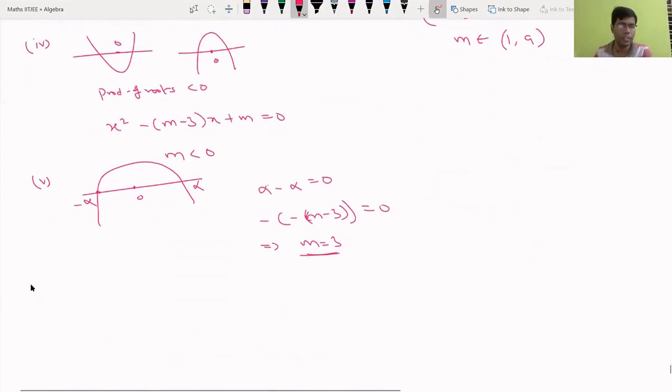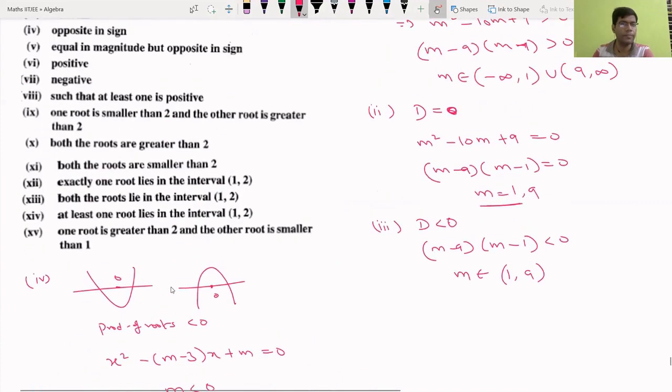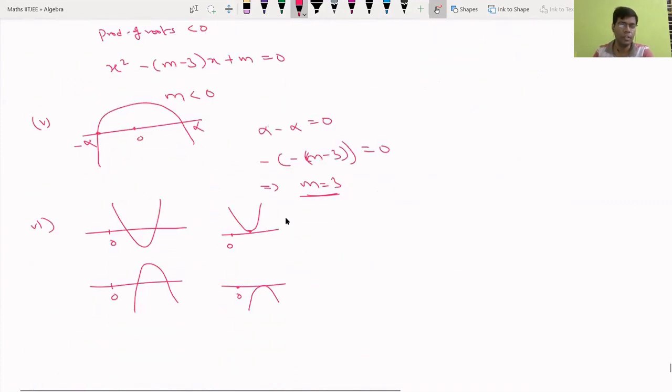Now the next one is when both the roots are positive. So when we need both the roots positive, that means it will be either like this, where this is my 0, or it will be like this, or it could also be like this. So both roots are positive.